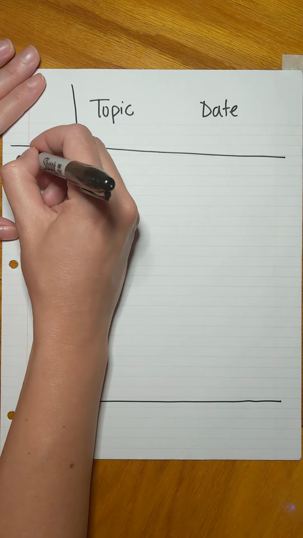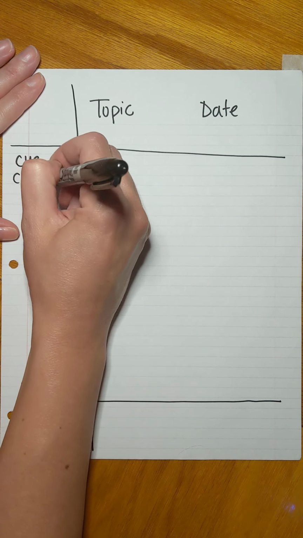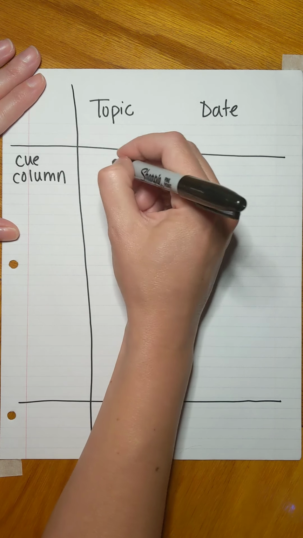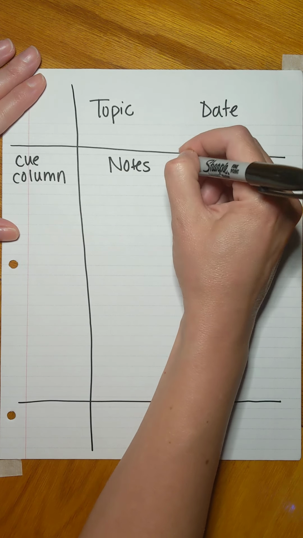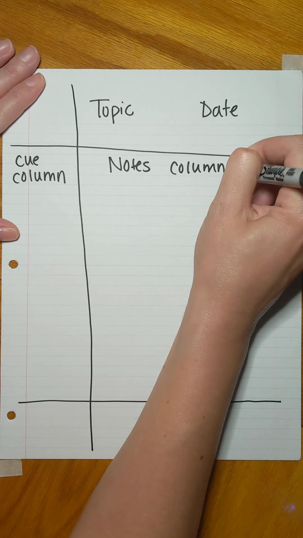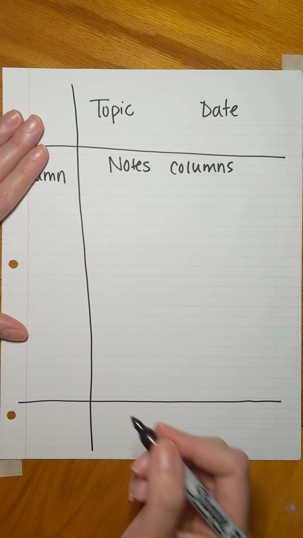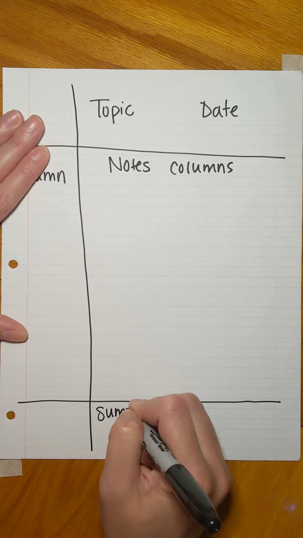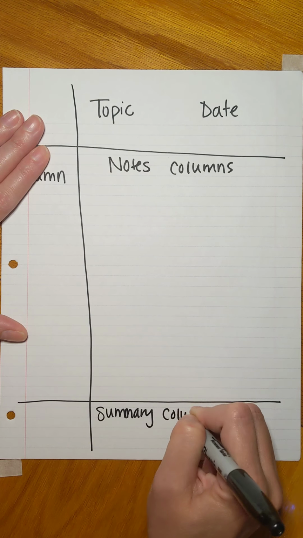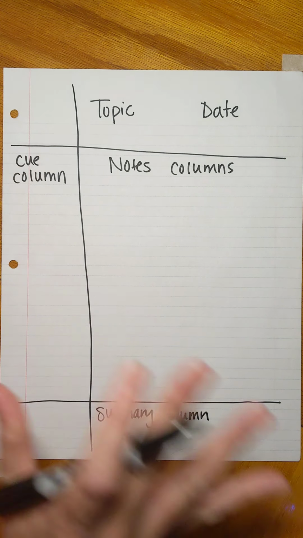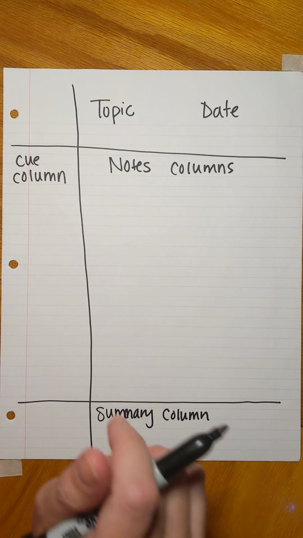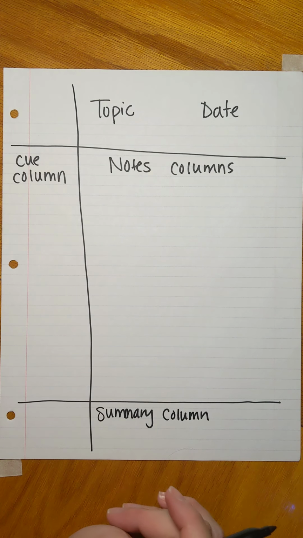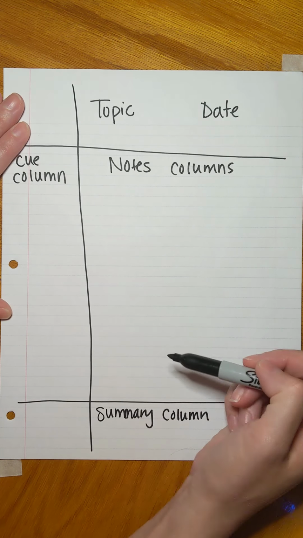On the left, we call this one the Q column, and then this main area here is the notes column. And then down at the bottom, we have the summary column. So we have our page laid out, and the first place that you would be taking notes is right here in the main notes column.